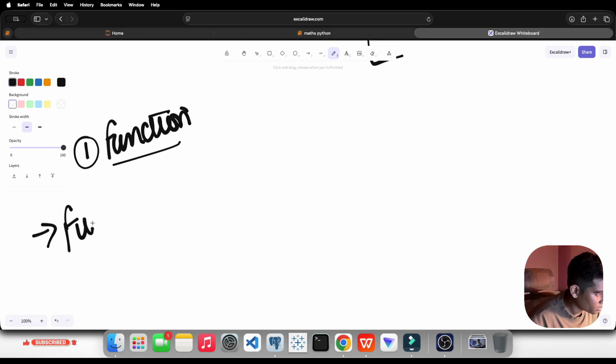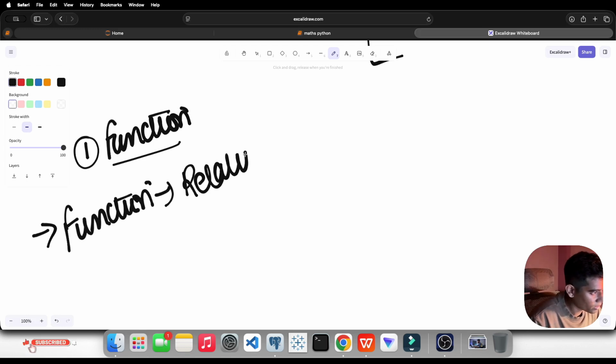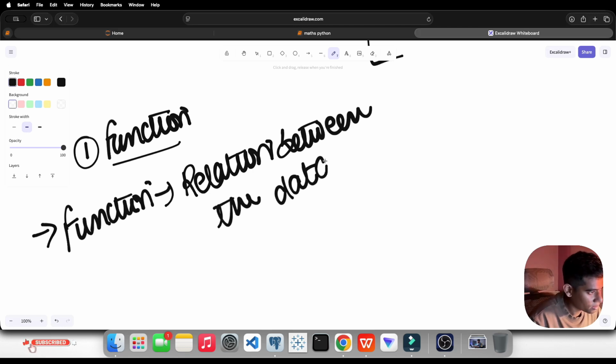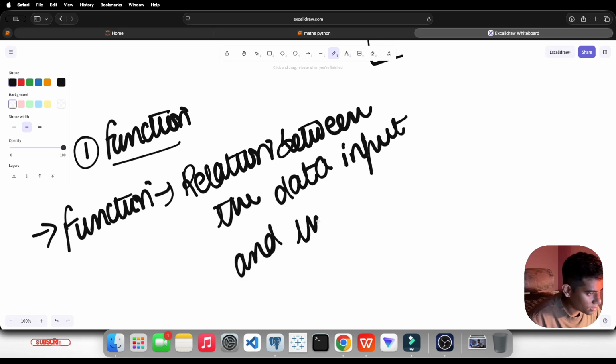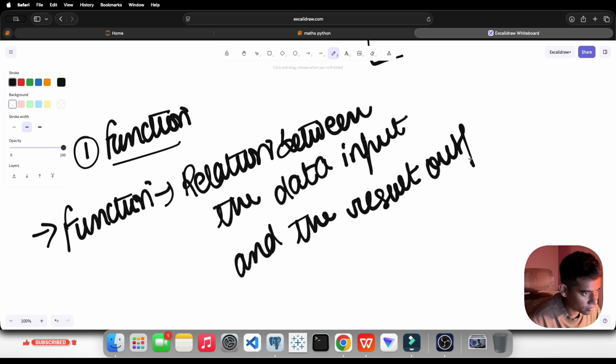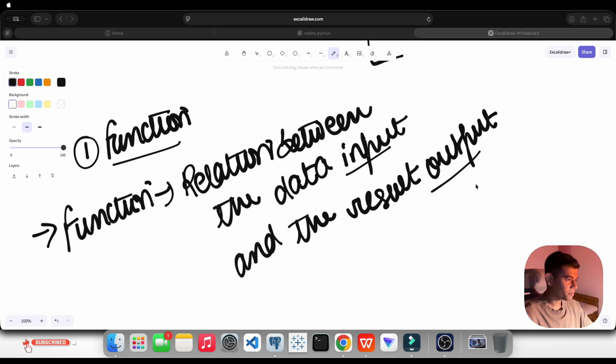Function is a relation between the data input and the result output. That's it. Okay, mainly focused on input and output, right? Means a function takes an input value, does some operations or the code that you have already given, and gives us one output.